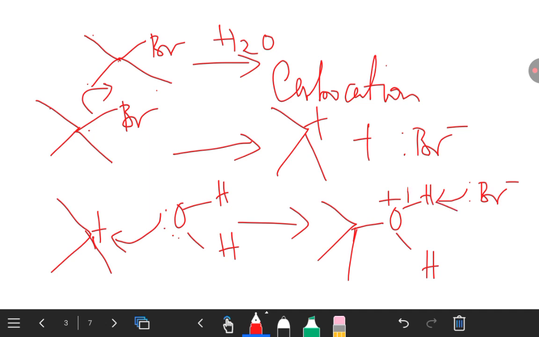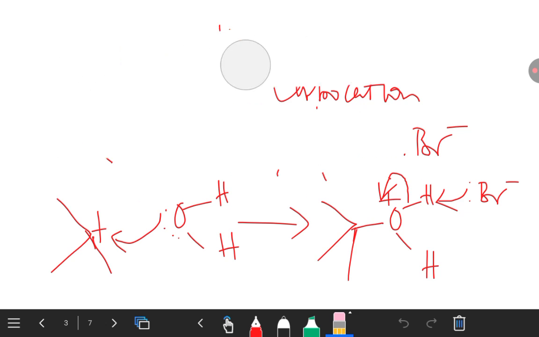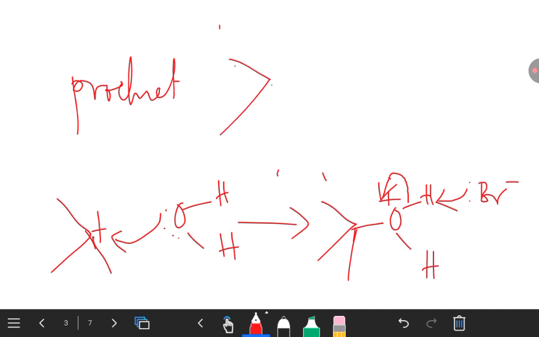Then the bond will be broken, taking back the electrons to this oxygen, hence neutralizing the charge. What is going to be formed as a major product will be this alcohol. So the product, which is an alcohol, will be this structure.